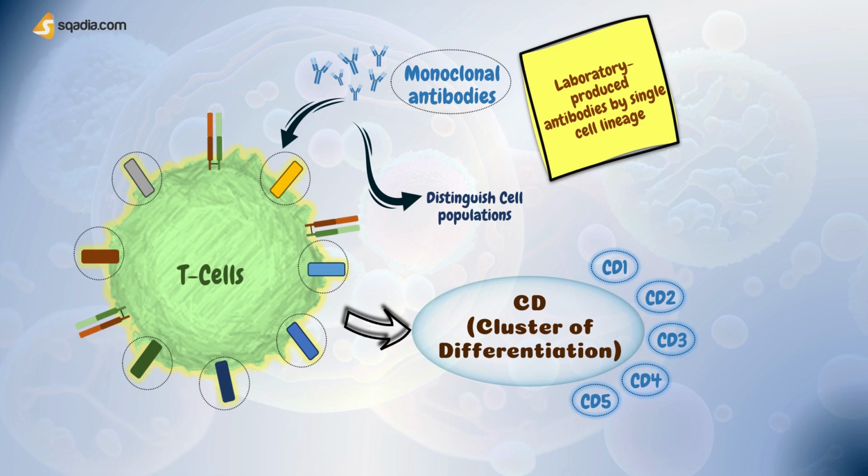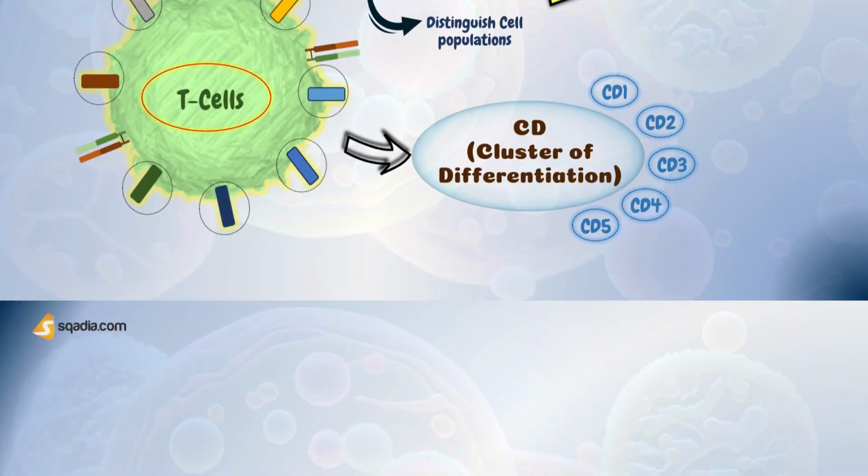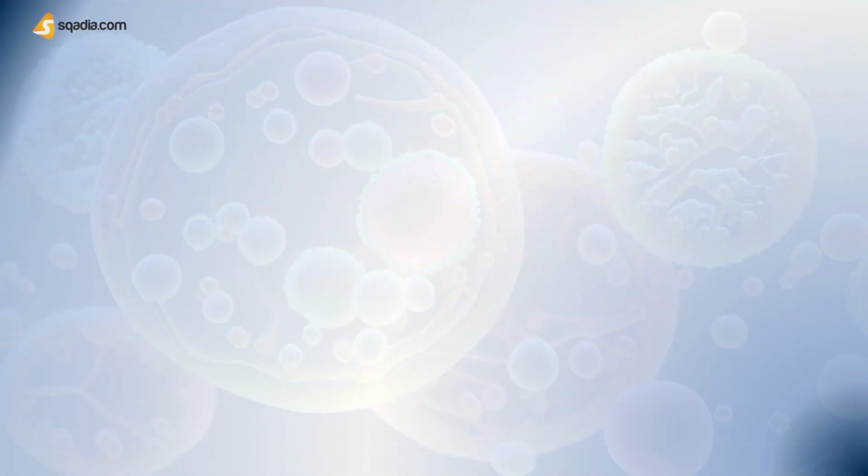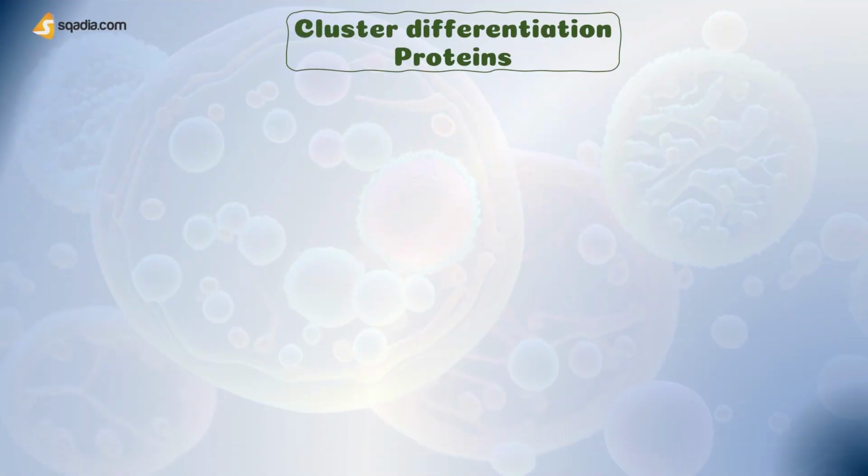Thus we can say, the surface molecules on immune cells are actually the cluster of differentiation proteins, or CD proteins. And if we talk particularly about T cells, then those differentiation proteins that are found on the T cell surface are called T cell antigens.